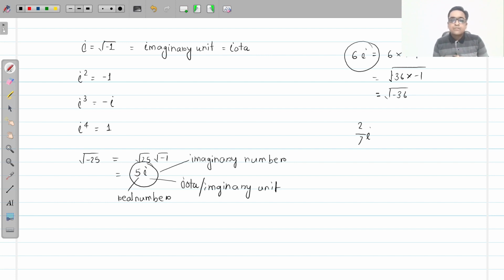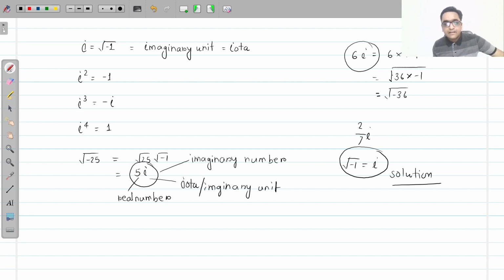So we know that we have created i, which is the imaginary unit, that is iota, which has a value of the square root of minus 1. So we solved our problem, which is we get the value of the square root of minus 1 as i. This is our solution for the square root of minus 1.